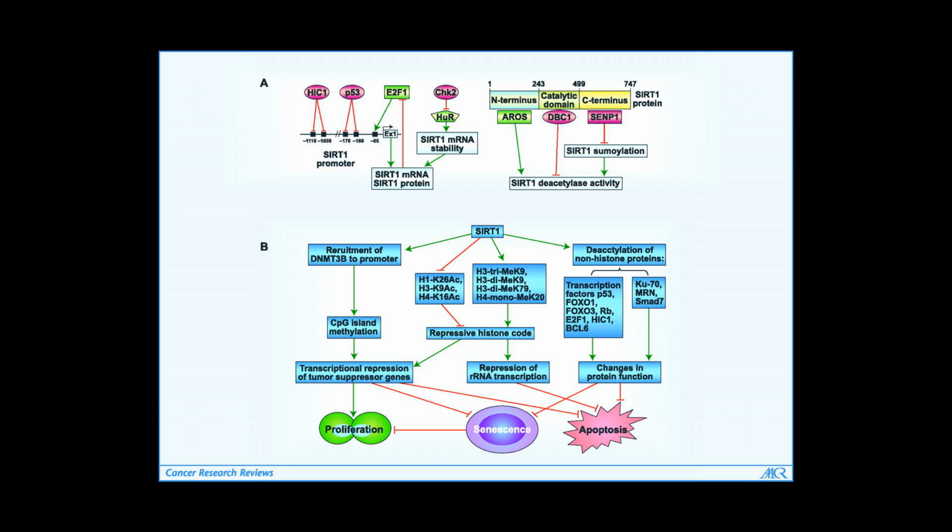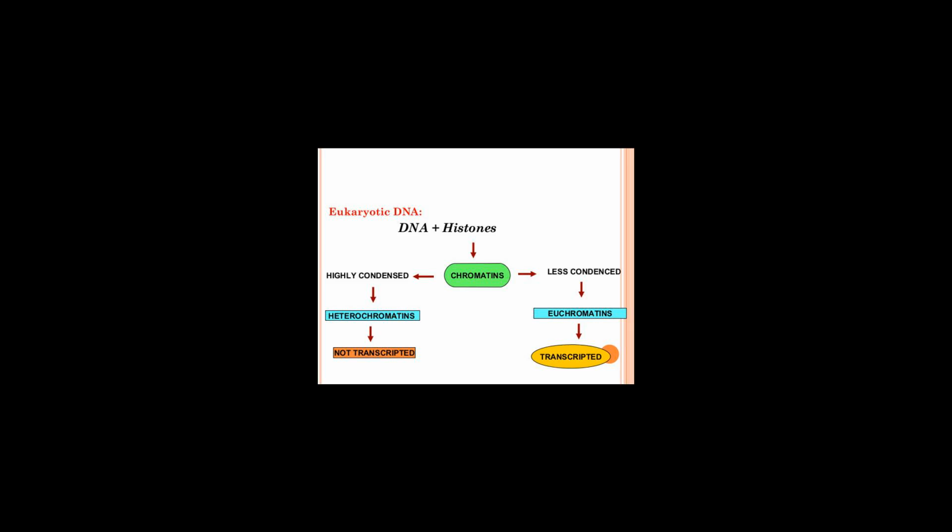These HATs are known to acetylate all of the histone subunits in the nucleosome. They also have the ability to acetylate and mediate non-histone proteins involved in transcription, and are also involved in the cell cycle, differentiation and apoptosis.